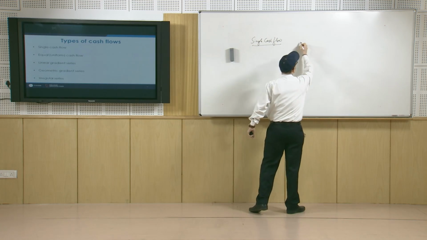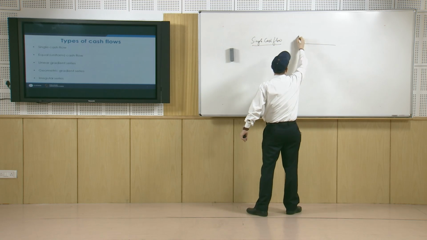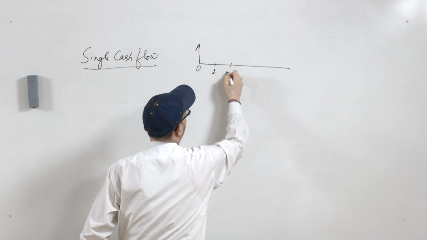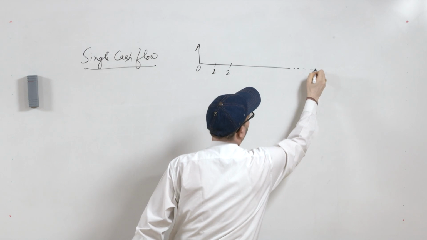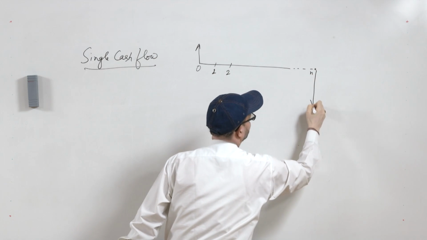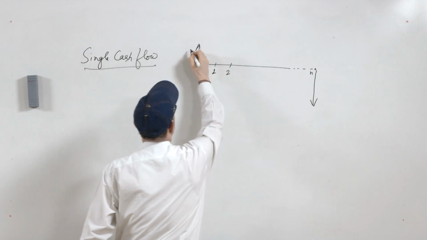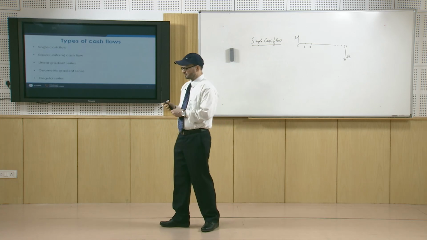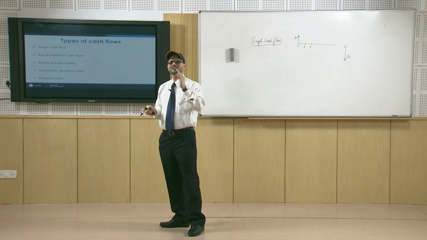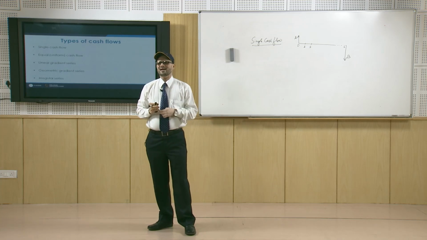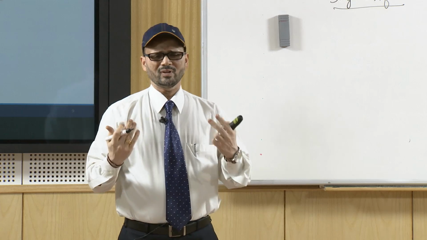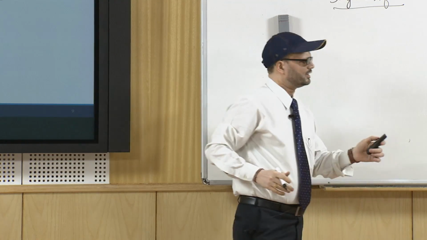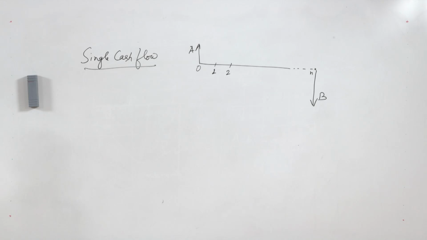So, you can have a receipt A and a certain disbursement B at the end of the year. These types of cash flows are known as single cash flow, where you have a single receipt and a single disbursement. An example is that a borrower has borrowed a certain amount and pays it at the end of a certain period.